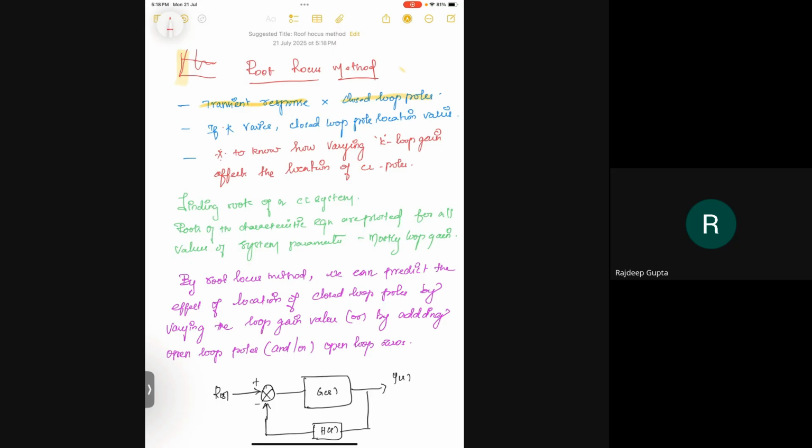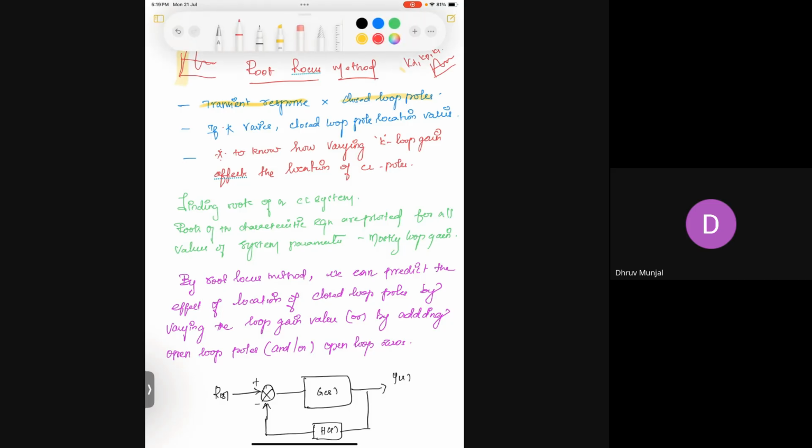In the PID controller, we manually change the gains Kd, Kp, Ki so that we get the desired response in whatever way we want. Similarly, we are going to see by changing how much these gains, we can get the desired response using this root locus method. If it is not clear now, I will proceed with the next steps. You will be able to understand, and we can discuss that further.